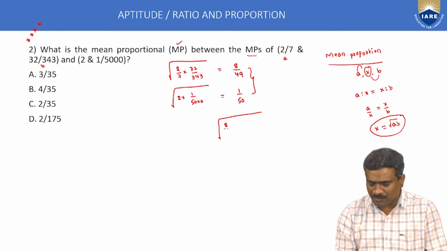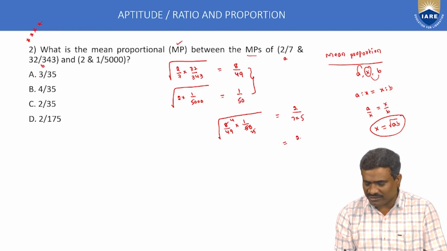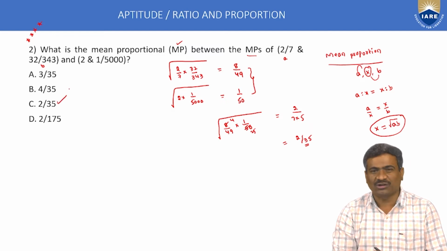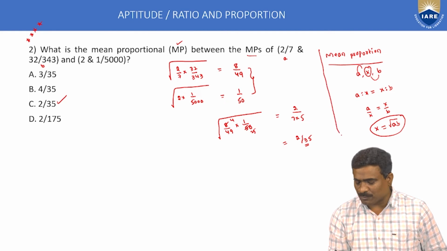Root of AB, A is 8 by 49 and B is 1 by 50, which is 2 into 4 and 2 into 8, 2 into 25. Then the answer is 2 by 7 into 5, which is equal to 2 by 35. Option C only is correct. This is about the second example. Here the concept is also important. The concept is very simple.